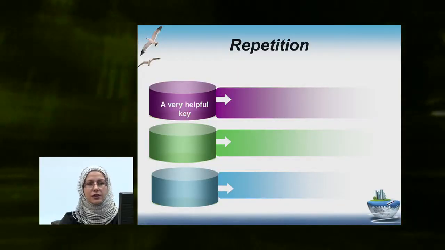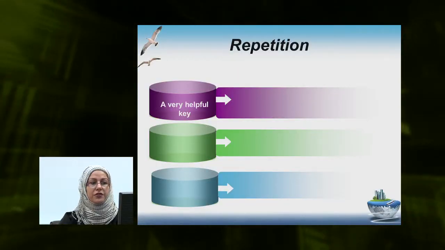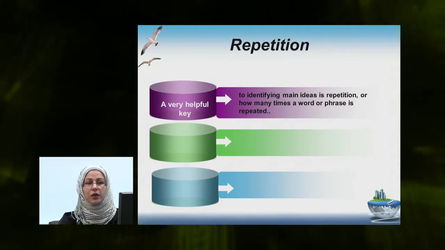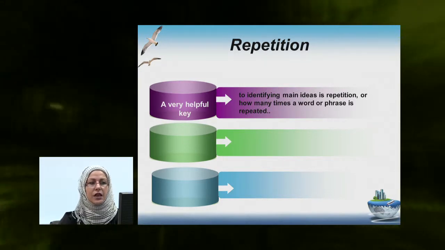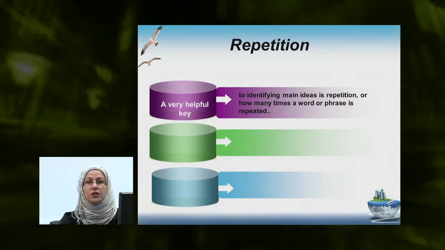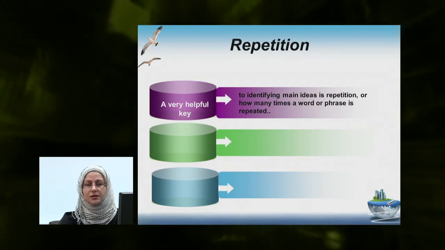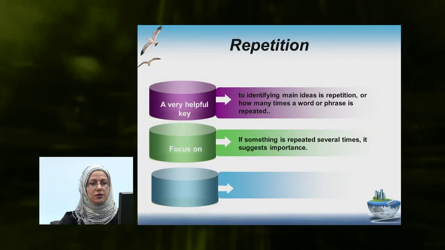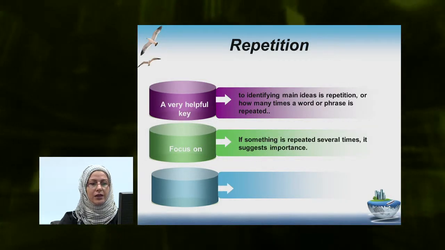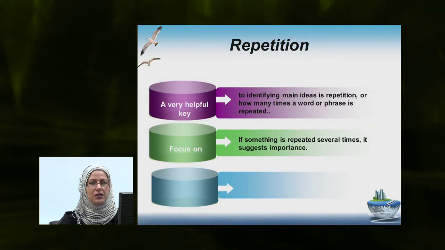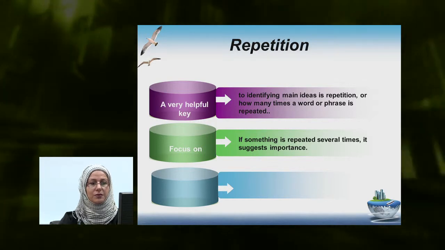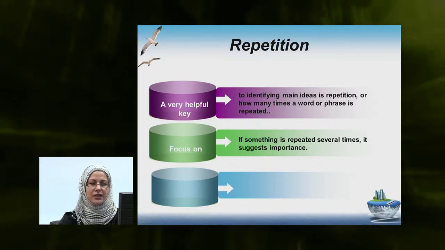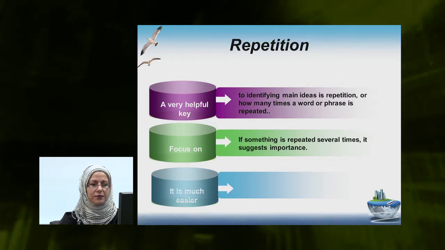The first one is repetition, which is a very helpful key to identifying main ideas. It is how many times a word or a phrase is being repeated. You need to focus on the fact that something is repeated several times, and therefore it suggests importance.